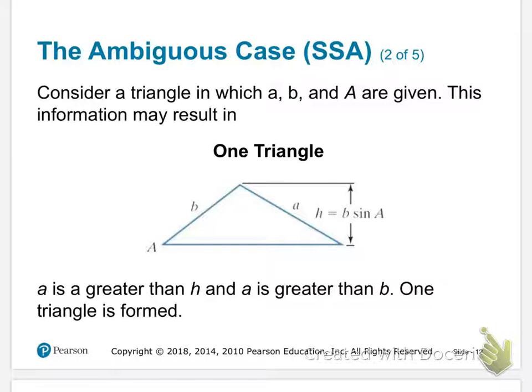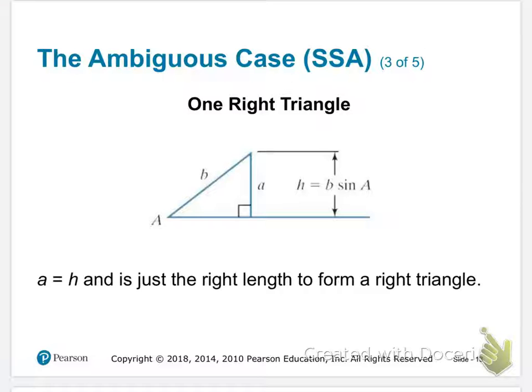Okay, the first part. Consider this, and then maybe this is the result. If A is greater than H and A is greater than B, one triangle is formed. Okay, if A equals H, it is just the right length to form a right triangle.